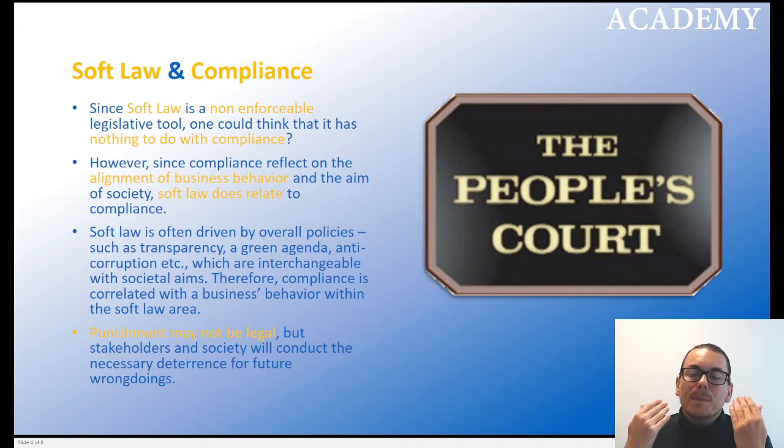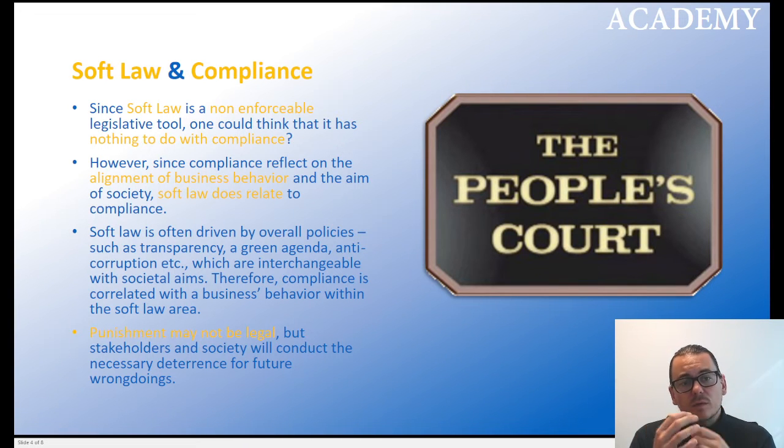But the shitstorm and the people's court, and what you will experience for not being fully transparent because you disclosed this overall policy, well, that will hit you. The same applies for the green agenda, anti-corruption, and some of the other things that I put out here.